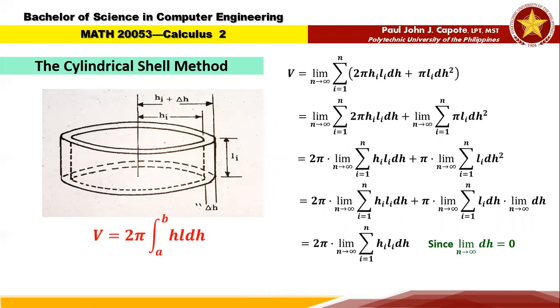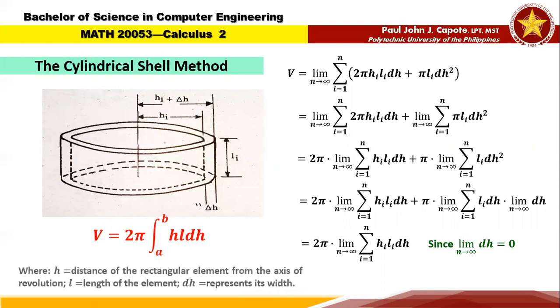And so we have the general formula in finding the volume of the cylindrical shell. That is, V is equal to 2 pi times the definite integral of h times L times dh from a to b, where h is the distance of the rectangular element from the axis of revolution or rotation, L is the length of the rectangular element, and dh represents its width.